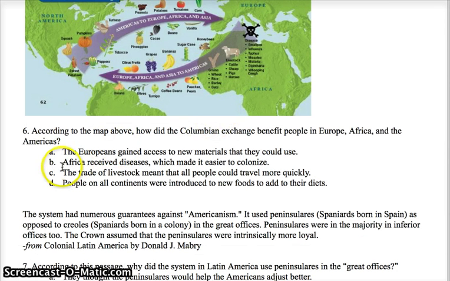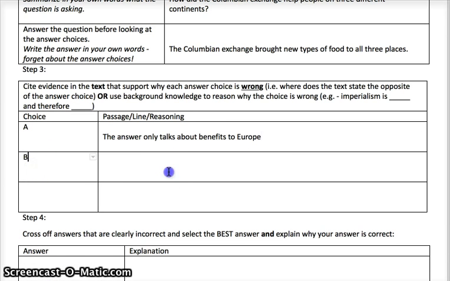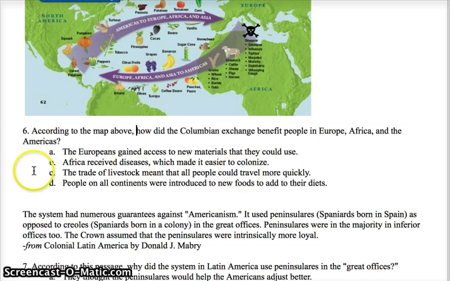Then I'm going to look at choice B. Africa received diseases, which made it easier to colonize. Again, I'm looking at benefits, and diseases are not helpful to Africa, so it can't be choice B. Even if that might have helped Europe. The question's asking about 3 different places. C, the trade of livestock meant that all people could travel more quickly.